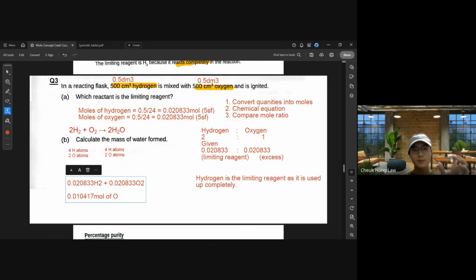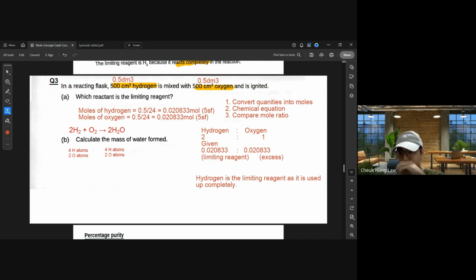Only 0.01 mole of oxygen is being used. Therefore, oxygen will be in excess, whereas hydrogen is completely used up already. All this hydrogen will be reacted away, so it will be gone. So if it's gone, it's the limiting reagent. Then if it's in excess, it's the excess reagent. Okay, so does that answer your question, Yu Tong?